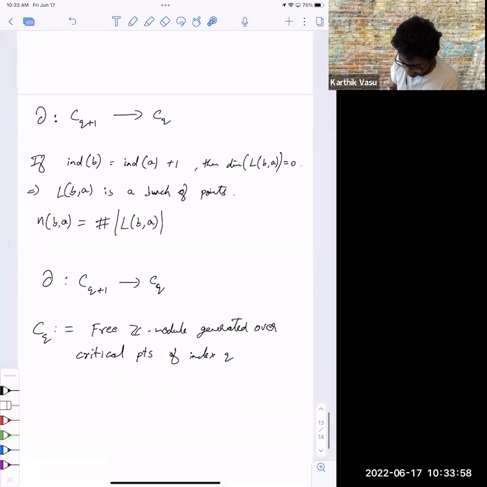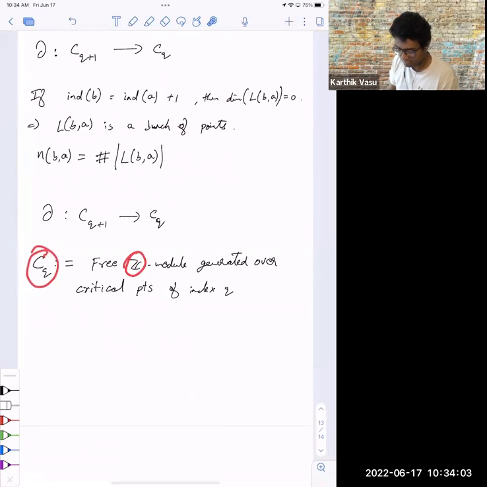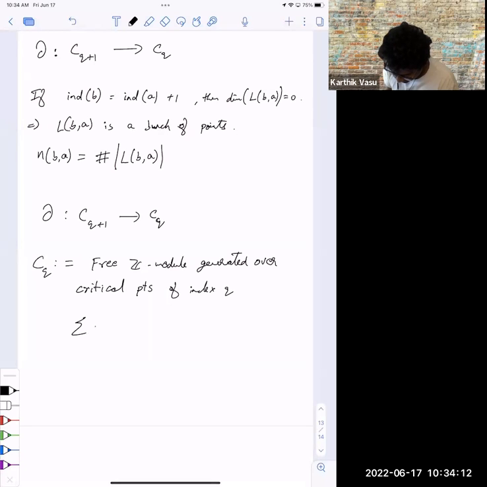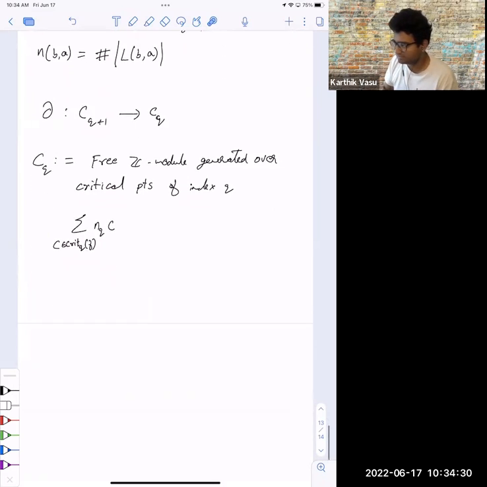So take all the critical points of index q and basically take a free module over this. So every critical point will look like a generator. So any element of this will look like a summation of some number times c, where c belongs to Crit_q, the index q critical points of f. Take all of them, and elements of this module will look like this. Right, so that's a free module.